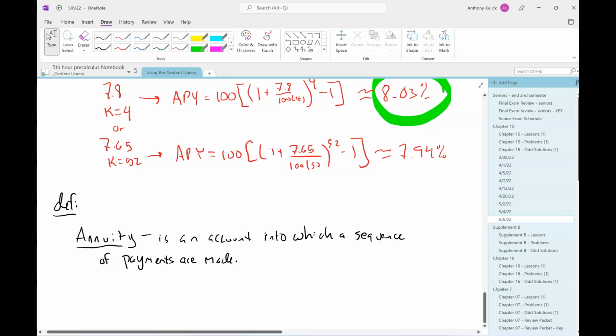There's a special type of annuity, called an ordinary annuity, which is the one that we're going to be talking about and the one that's the most interesting to us.